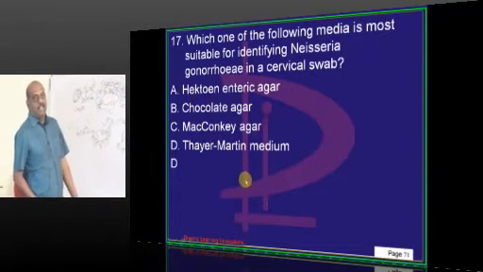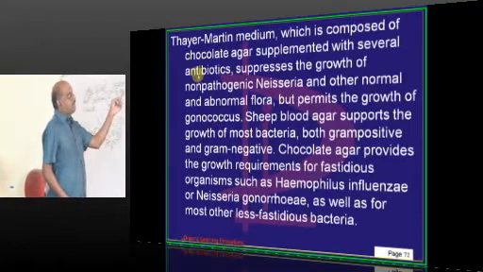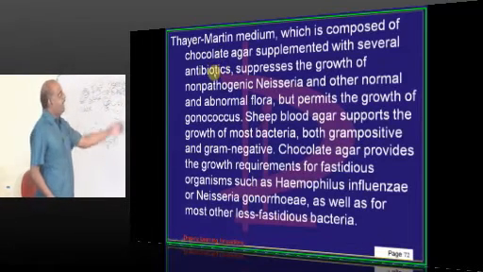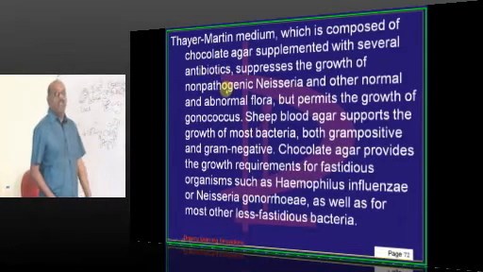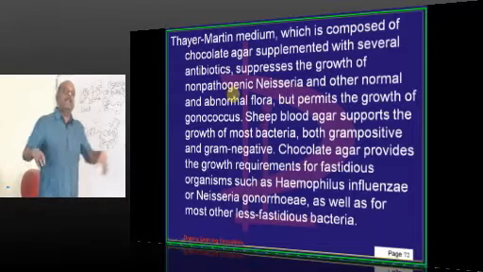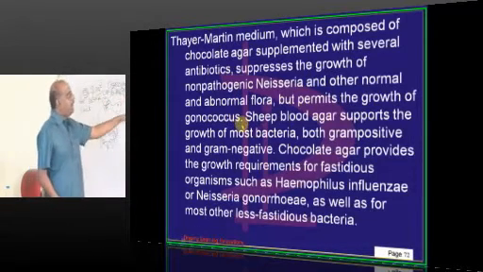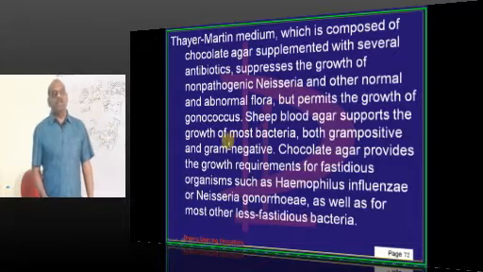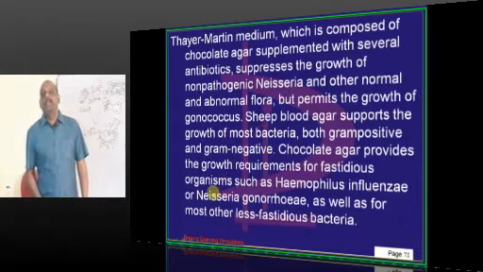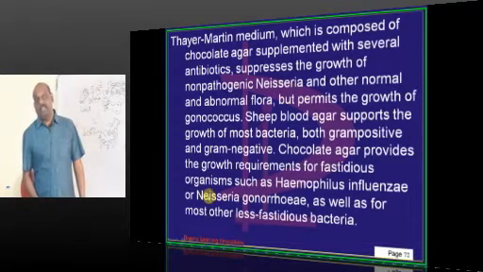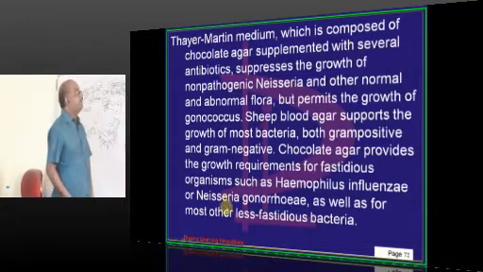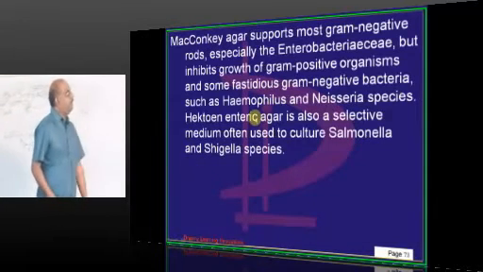Thayer-Martin's medium is composed of chocolate agar and several antibiotics. What will they do? They will suppress all other non-pathogenic Neisseria and only enable the growth of the gonococcus, Neisseria gonorrhea only, and that is the reason we use this Thayer-Martin medium is what you need to remember.